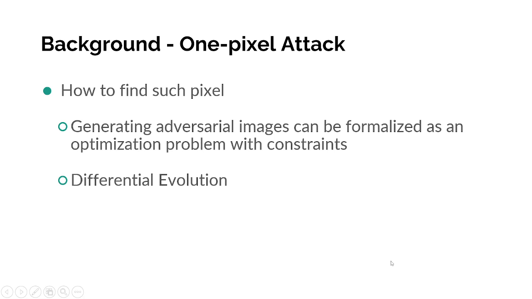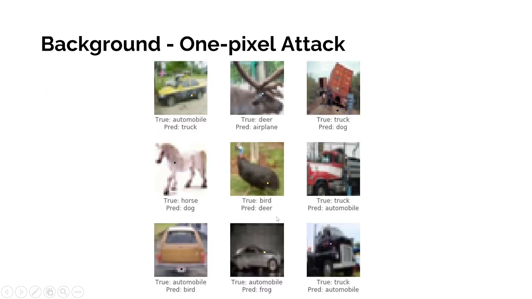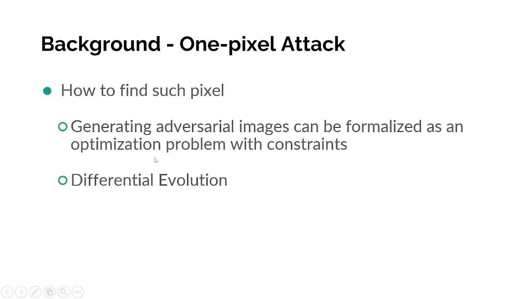So how to find such a pixel? For this kind of question, how to find one or several pixels to change the result of machine learning, you can formalize this question as an optimization problem with some constraints.